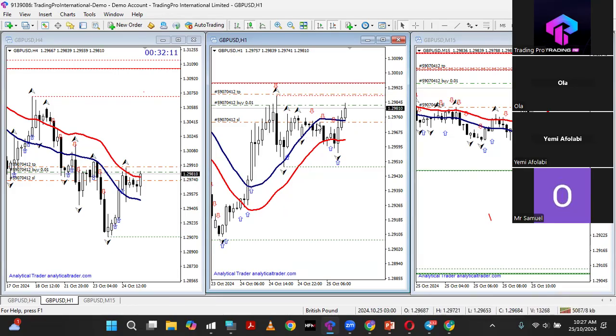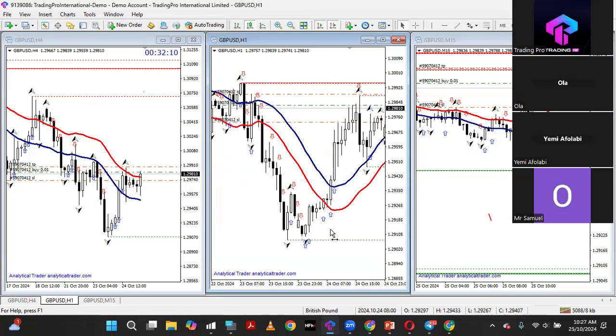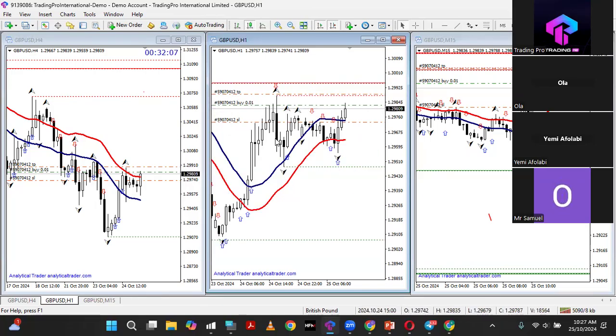Once you are on the right side of the band, let's say you're below the moving average band and you get a sell signal, you take it. If you're above the band and you get a buy signal, you take it, but you don't take it blindly. You must be aware that the 4-hour and the 1 hour are in alignment. If they are, you wait for the 15 minutes to line up, then you execute the trade.